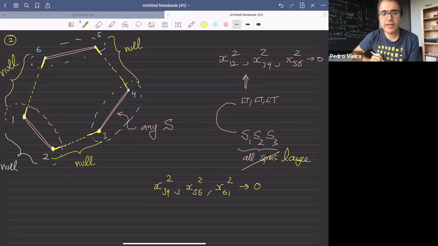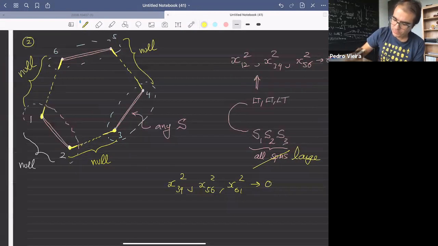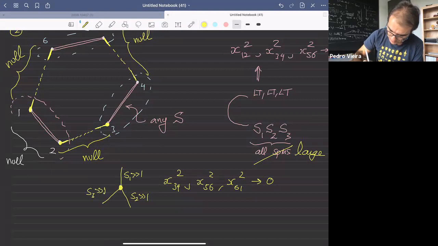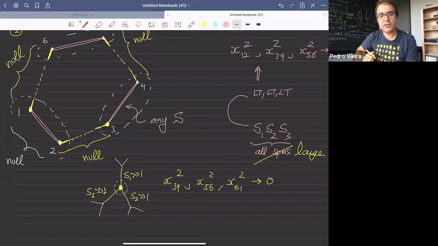So this will be dominated by a 3-point function where I have a spin much bigger than 1, a spin much bigger than 1, and a spin much bigger than 1. Okay? And of course, there are the external scalars. But the interesting part here in the middle is now dominated by this 3-point function of very large spin.